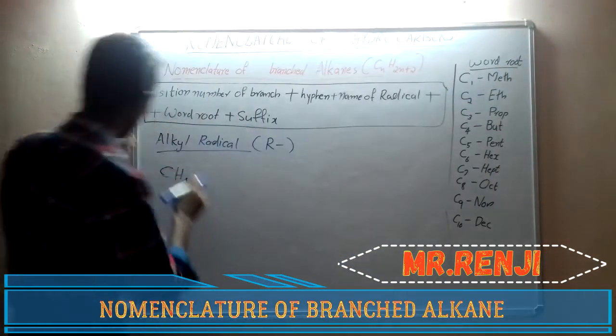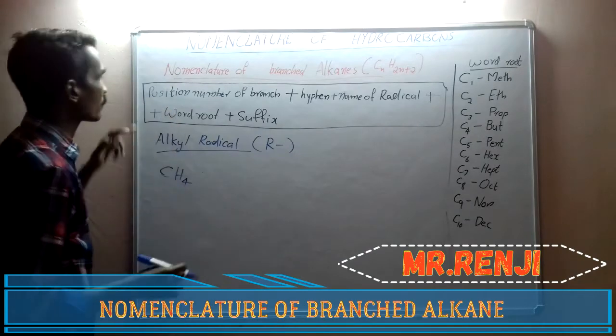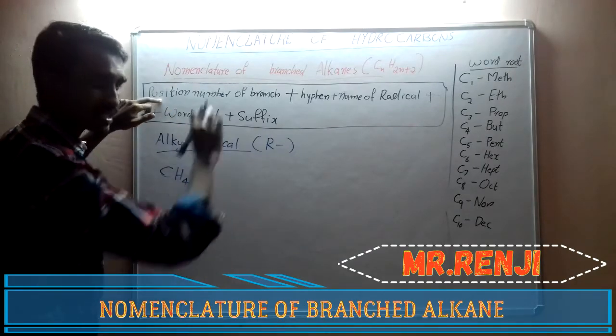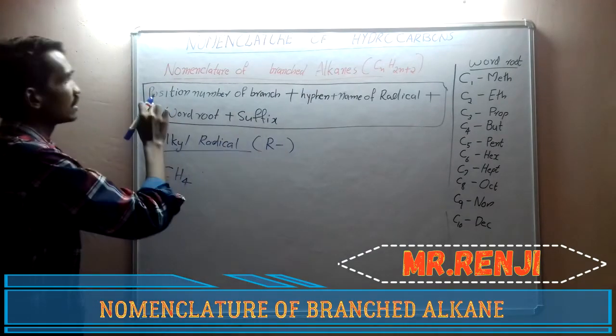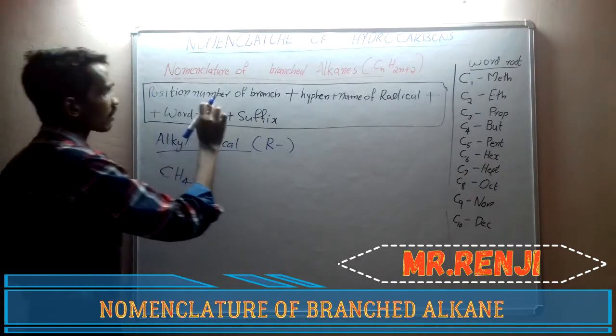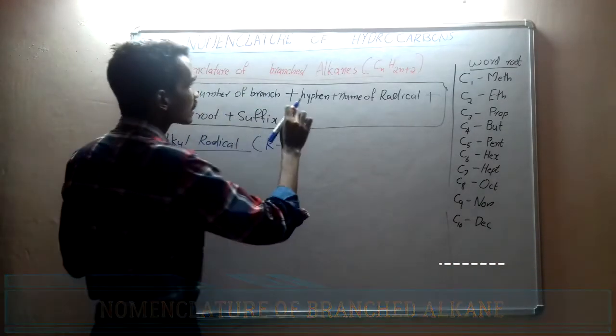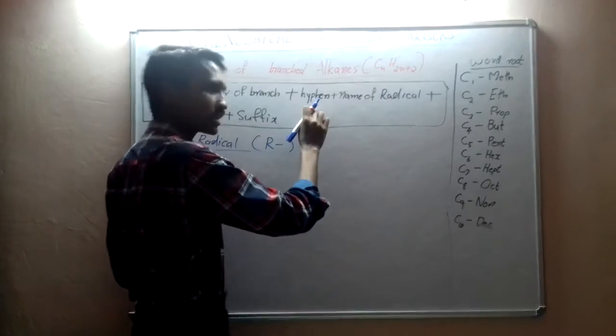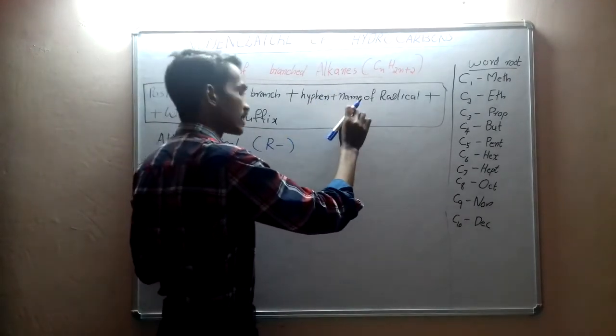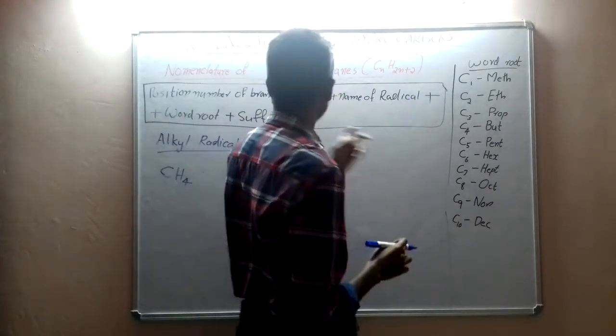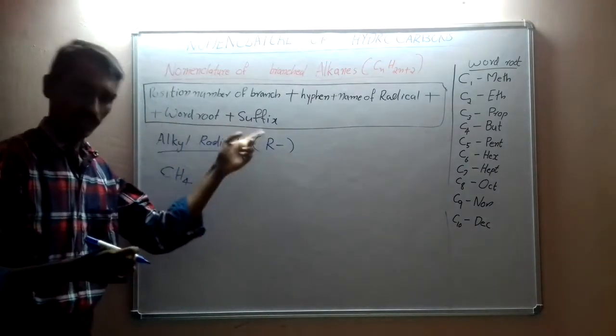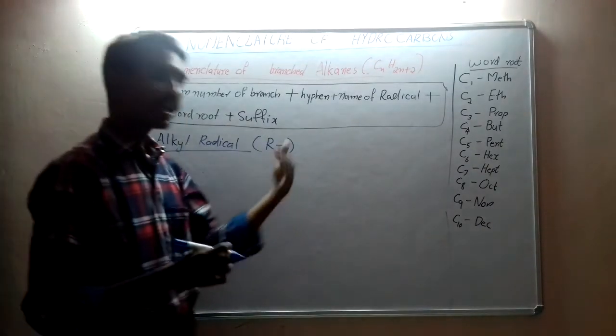Okay, so the IUPAC name of the element has a general structure. The position number of the branch is first written, then a hyphen, and next is the name of the radical, then word root and suffix. We will discuss in the next slide.